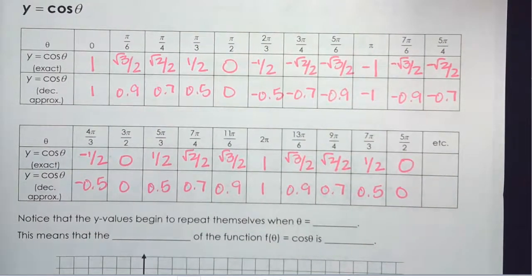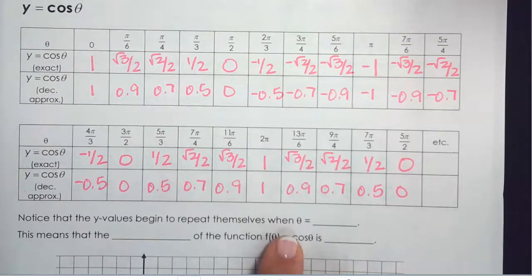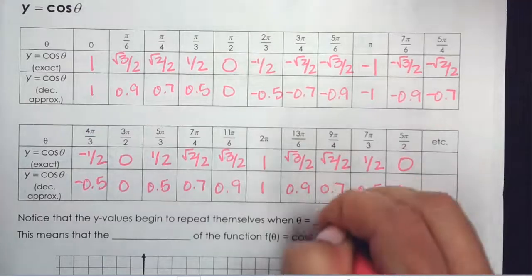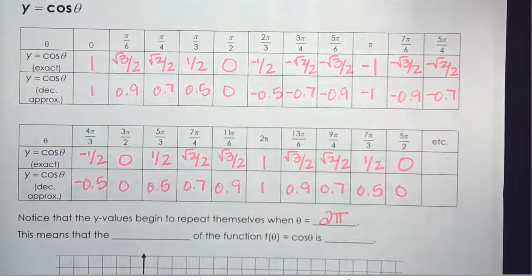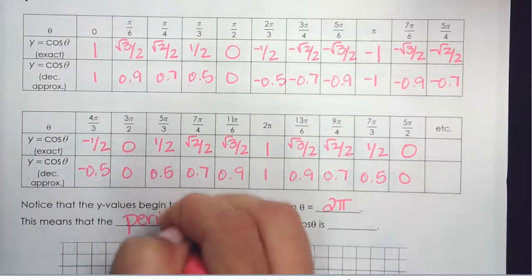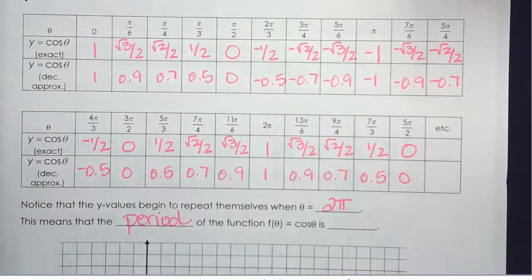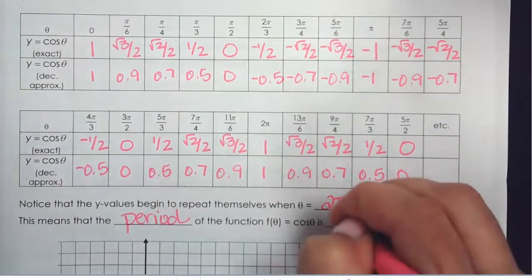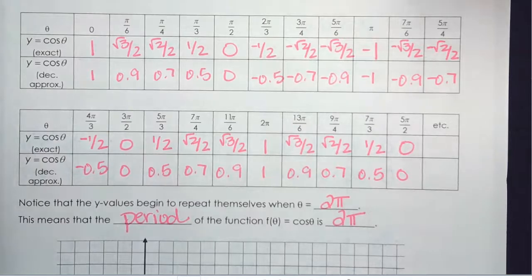So once again, when do the values start repeating themselves in the table? Yep, when theta equals 2 pi. So again, what that means is that the period of this function, f of theta equals cosine theta, is also 2 pi. And that just means it's going to repeat itself every 2 pi.